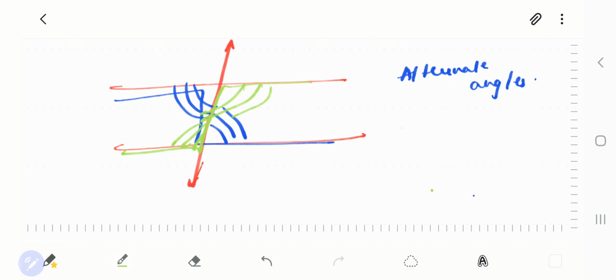Clear? So Z forming angles like this, they are called as alternate angles and they are always equal. Alternate angles are equal, then you have vertically opposite angles are equal, then you will get corresponding angles, they are also equal. But interior and exterior, their sum makes up 180, they are not equal.